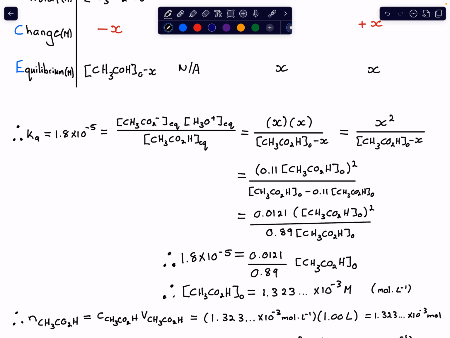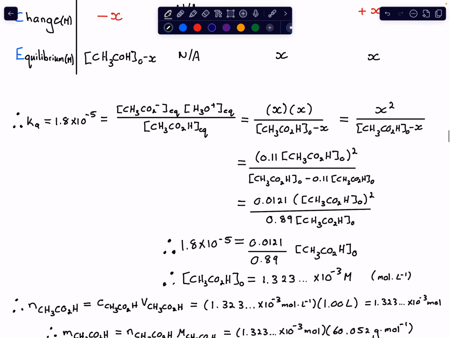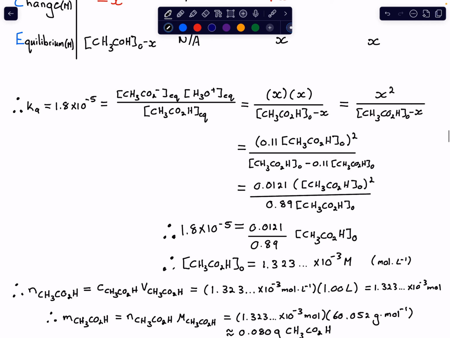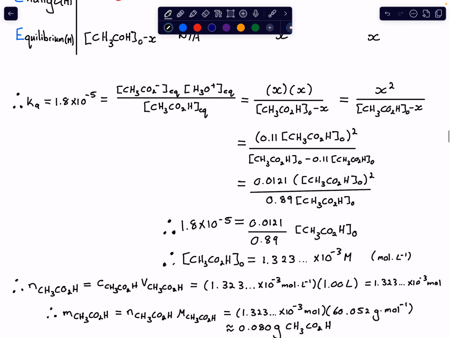From the number of moles, we can get the mass using the molar mass. Depending on your periodic table, you might be out a little bit here or there, but I eventually get 0.080 gram of acetic acid is what we need to dissolve to get that initial concentration.